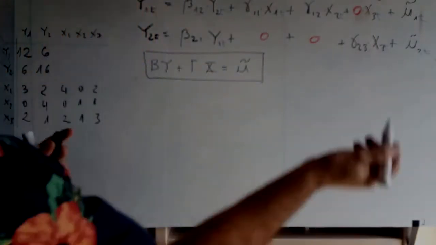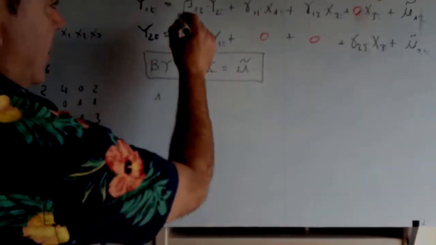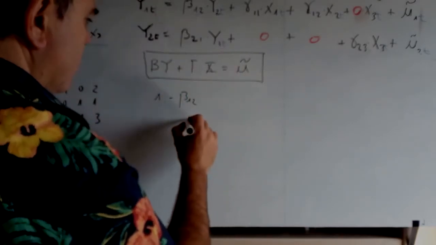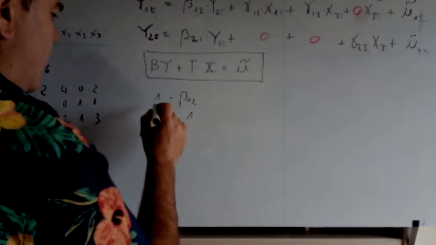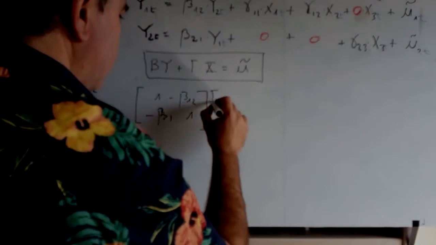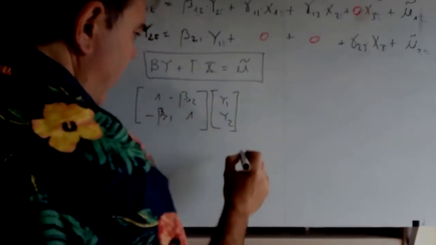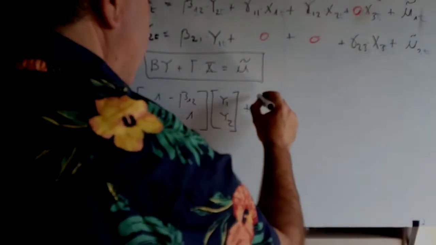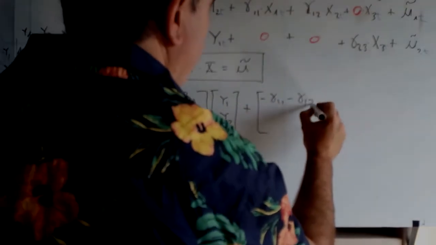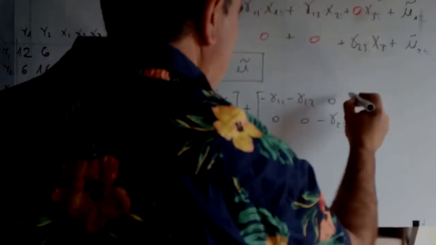To do that, we transpose terms to the left hand side of the equation, like this: 1, minus beta 1, y2; minus beta 2, 1. This would be the capital B matrix, times y1 and y2, the endogenous variables of the system, plus the gammas: minus gamma 1,1, minus gamma 1,2, 0, 0, 0, minus gamma 2,3.